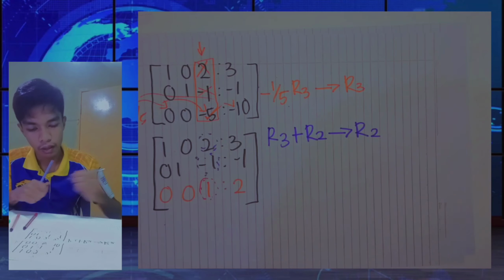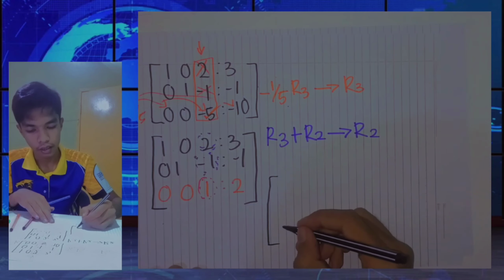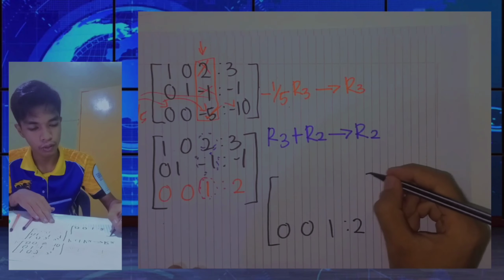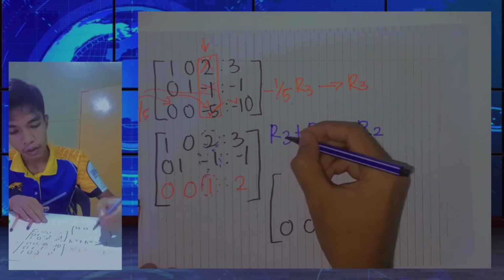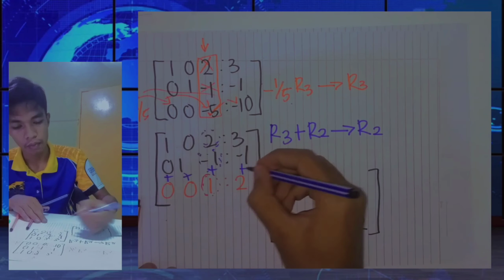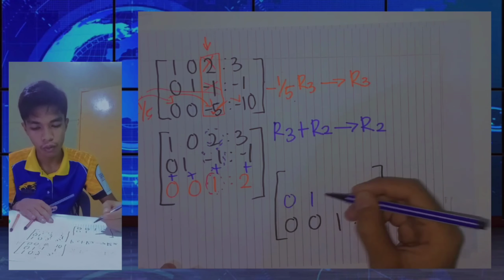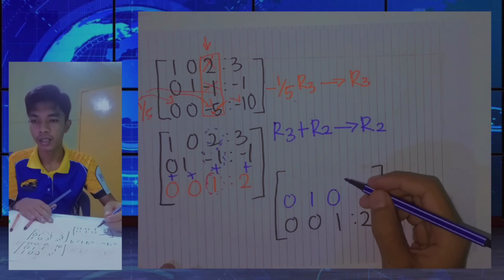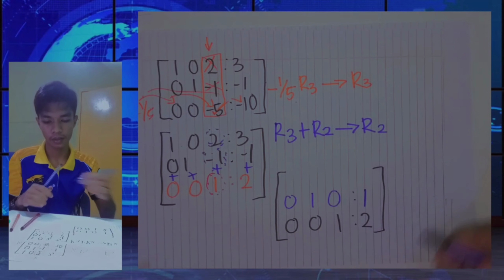So the new augmented matrix we get from the operation is the same, 0, 0, 1, 2. So here is row number 3 plus row number 2. So 0 plus 0, we get 0. 0 plus 1, we get 1 here. Negative 1 plus 1, we get 0 here, and negative 1 plus 2, we get 1 here.